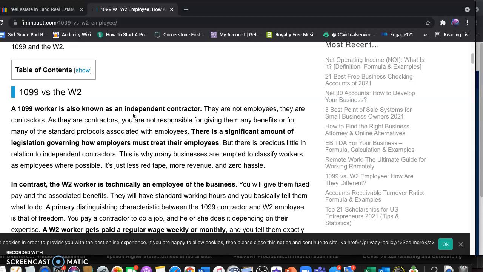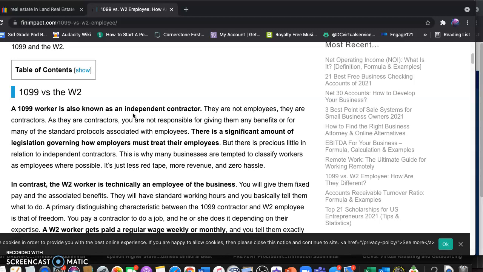There is a significant amount of legislation governing how employers must treat their employees. Things are in place if you are an employee, whereas as a 1099 contractor, you have to get these types of situations settled on your own, such as Social Security, insurance, and so on. As an employee, you don't necessarily have to worry about that.